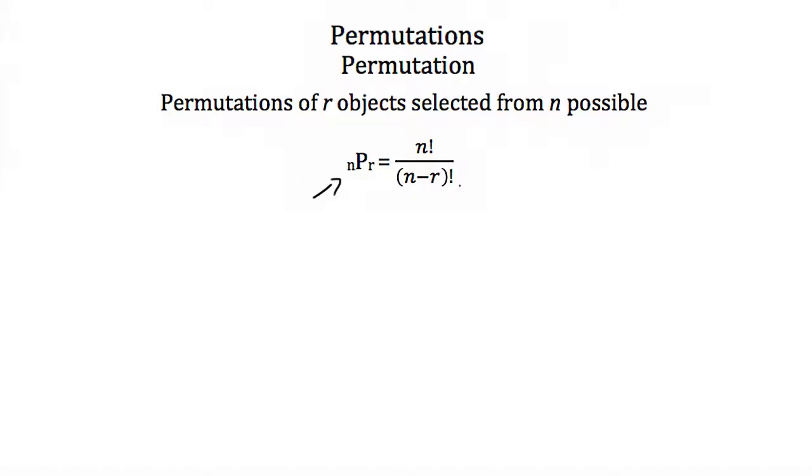Now in our previous example with the NASCAR drivers, n would be equal to 43. R is the amount of positions or the amount of drivers that we're going to choose out of the 43. Well, we only want the drivers that are going to finish in first, second, and third. So R is equal to 3. So this would represent 43 P3.